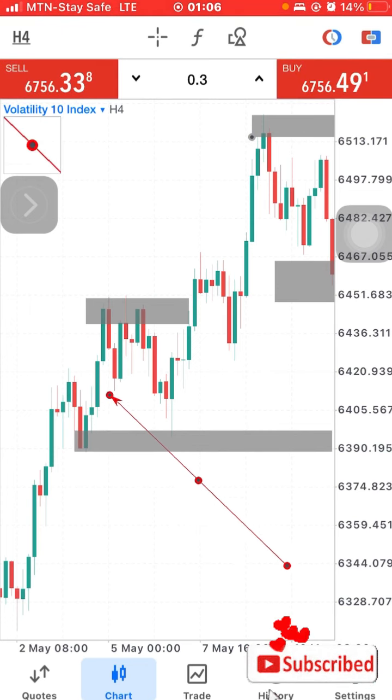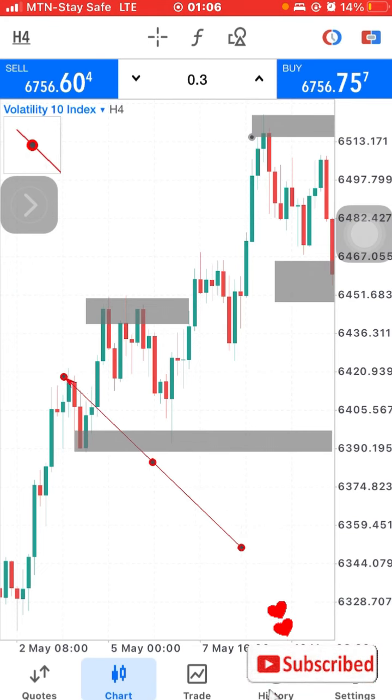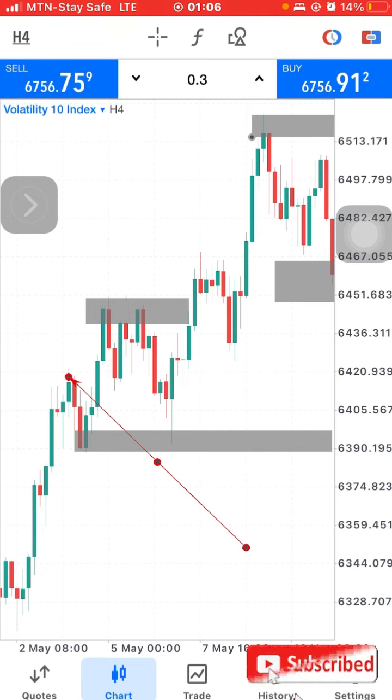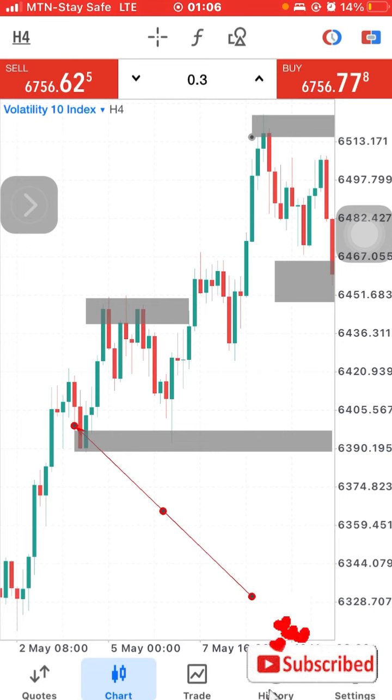A demand zone is termed solid or verified when, first of all, it breaks structure. When we have a BOS, a break of structure, which means a break of this structure. That's the major criteria. If the move does not break this structure, then that zone is not a demand zone or a supply zone. So it has to break structure. That's the very first criterion.